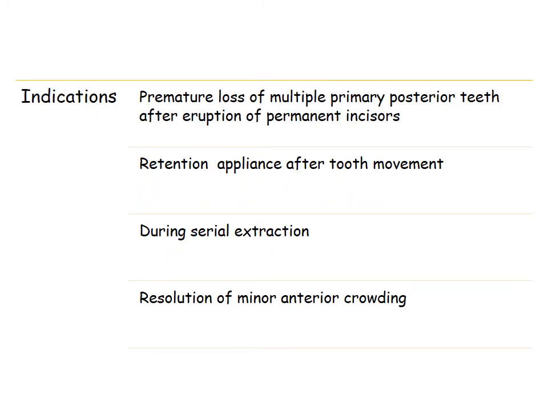The indications of the mandibular lingual holding arch appliance are: premature loss of multiple primary teeth after eruption of the permanent incisors; as a retention appliance after tooth movement during serial extractions; and for the resolution of minor anterior crowding.